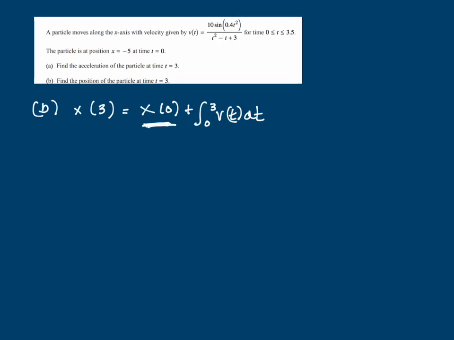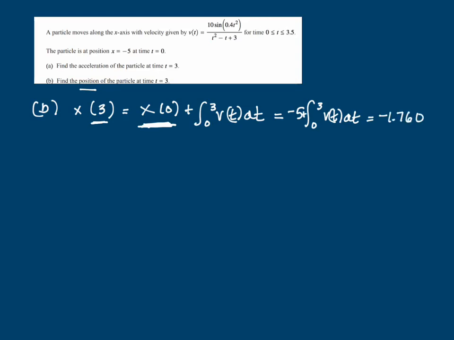If you want to know how far it went by 3, or where it is, not how it changed, it wants the position of it at t equals 3, then you have to use the initial condition. So that's equal to -5 plus the integral of 0 to 3 of v of t dt, and putting that into your calculator, you get -1.760.